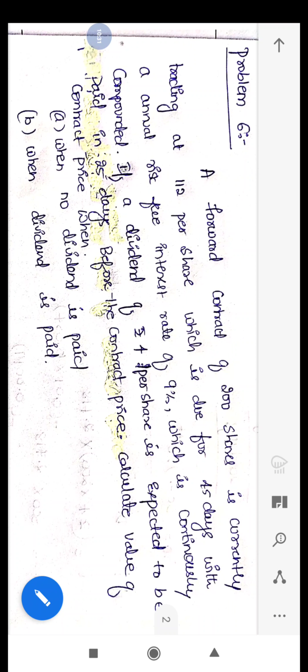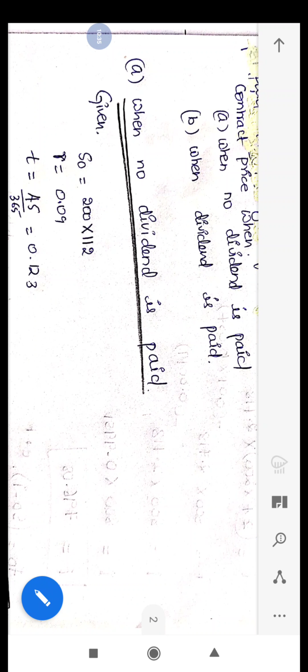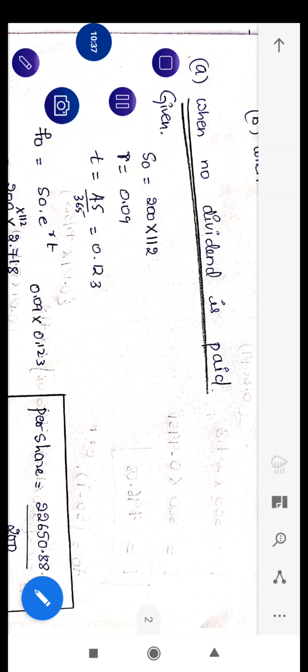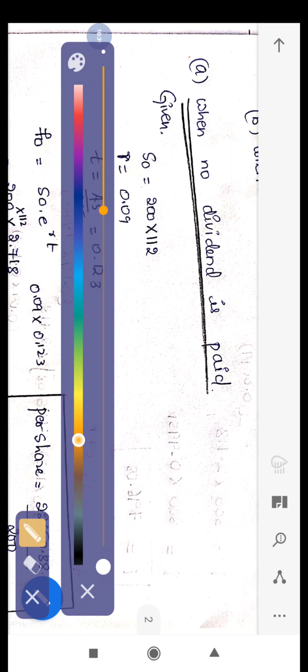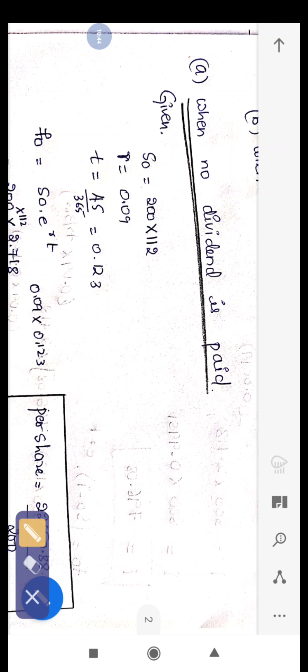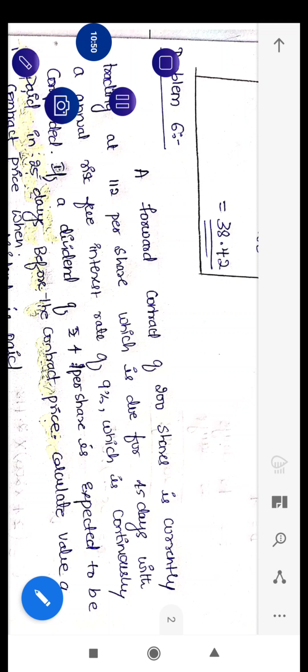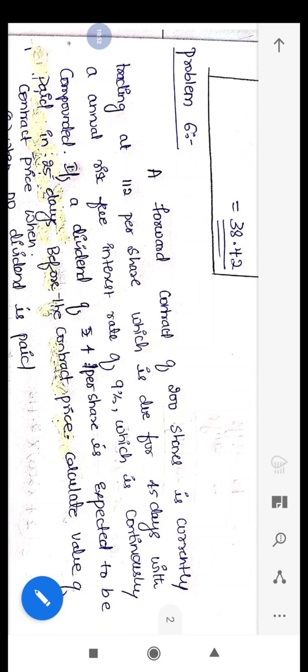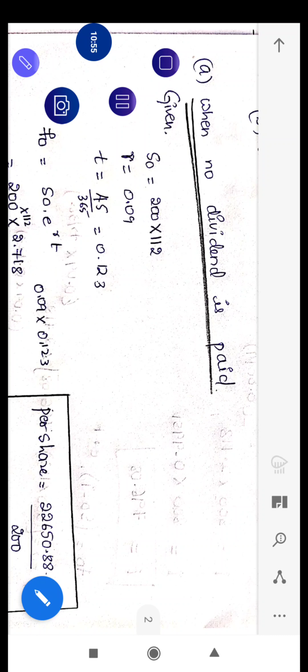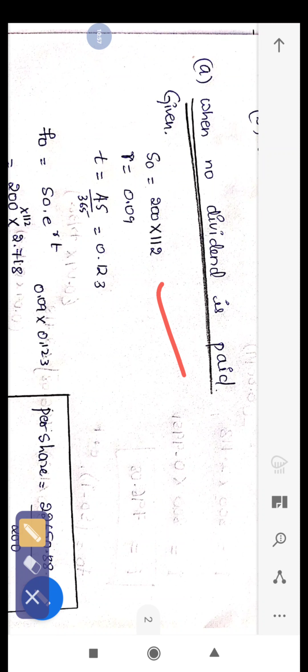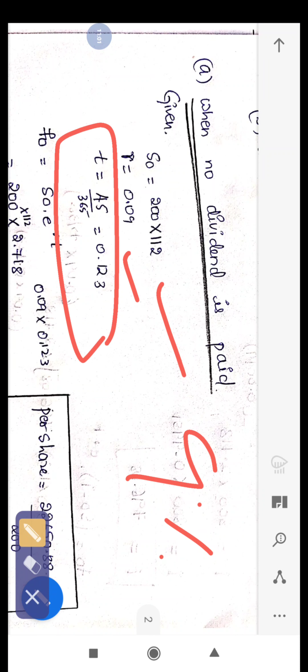So first we will calculate for the normal case, that is when dividend is not paid. So given information is that the shares are 200, 112 per share. So 200 into 112 we have to do. Rate of interest is 9%, so 0.09, and maturity I told you 45 days.